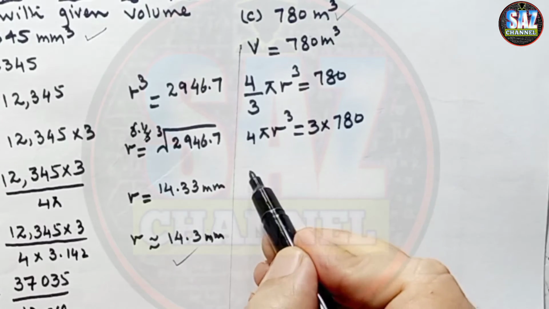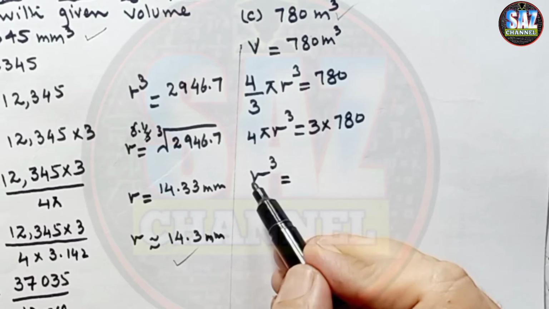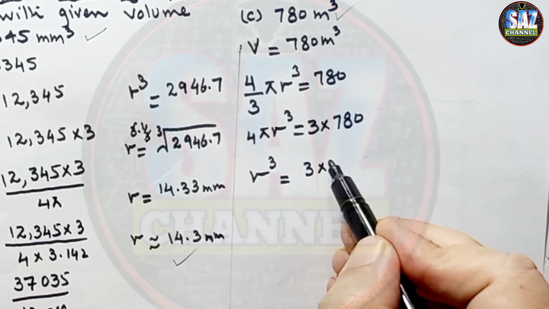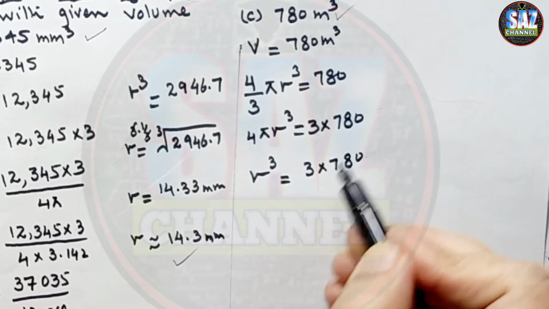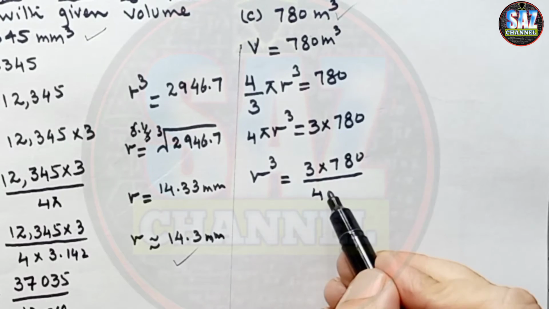Now in order to get the value of r cube and r, I will keep this r cube on the same side, and 4 pi will be shifted to the other side, and as 4 pi is in the numerator, it will appear in the denominator.